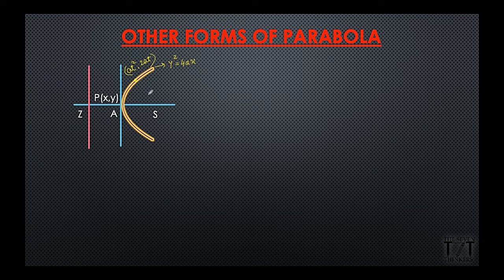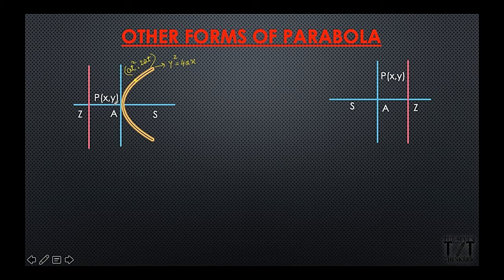So this parabola we have seen, but for other forms of parabola, the shape of the parabola will still remain the same, but it would be shifted to either negative x-axis, y-axis, negative y-axis, etc. So let's check it out.